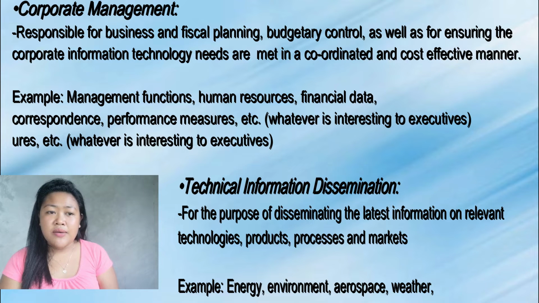Examples are management functions, human resources, financial data, correspondence, performance measures, and etc. Technical information dissemination. For the purpose of disseminating the latest information on relevant technologies, products, processes, and markets. Examples are energy, environment, aerospace, and weather.